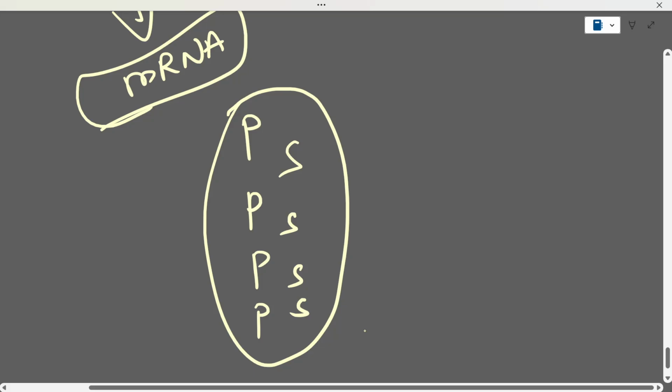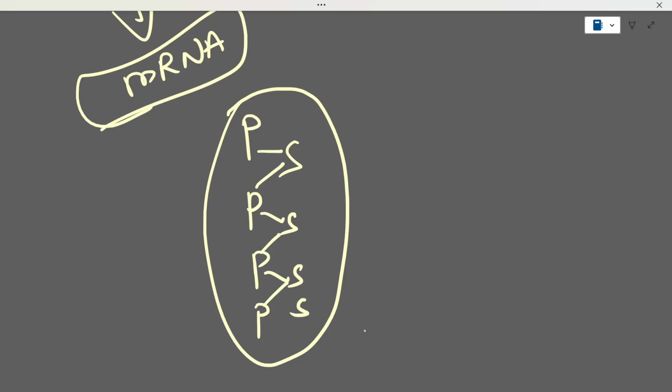The sugar phosphate bond will remain intact. Then the attachment of bases. So A will be there, adenine, cytosine, guanine, and then thymine will be replaced by uracil.